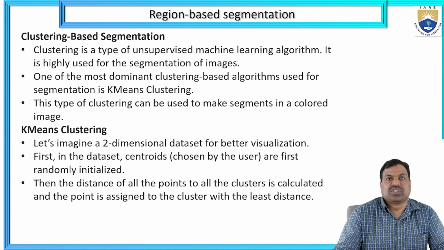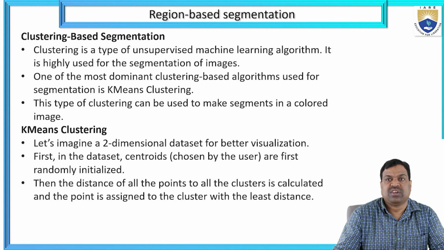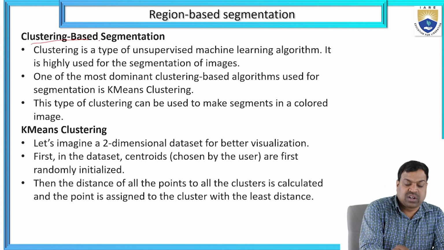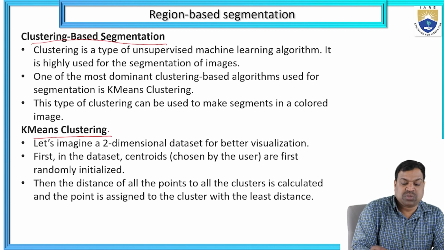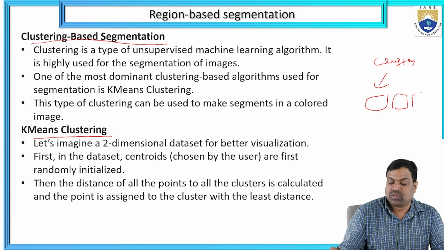For a two-dimensional dataset, for better visualization, the centroids are first randomly initiated, then the distance of all points to the clusters is calculated, and each point is assigned to the cluster with the least distance. Okay, clustering-based segmentation, k-means segmentation. Clustering means we are grouping more than one image.